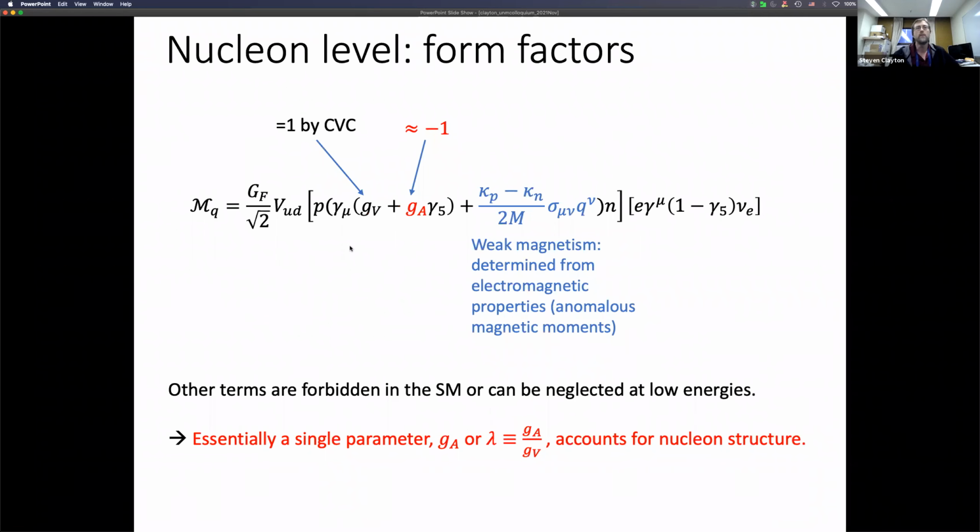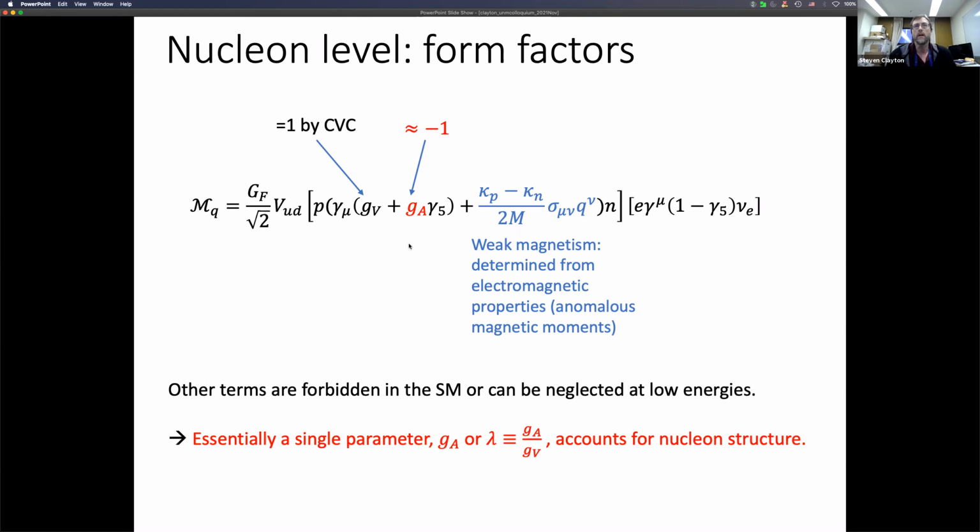So if we go to the actual objects that we have in an experiment, which is more like a proton and a neutron, then because these are composite objects, we have to introduce more complication into that first current term. And so mainly that's done by this form factor GV and this other one GA. So GV is 1 by a conservation law.